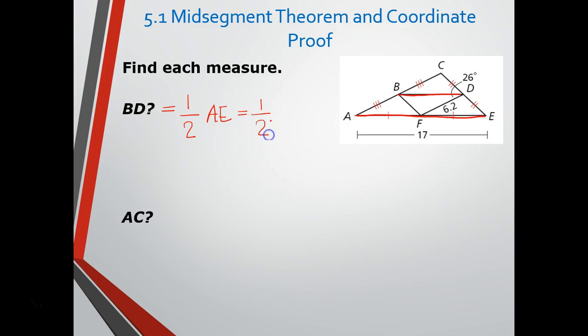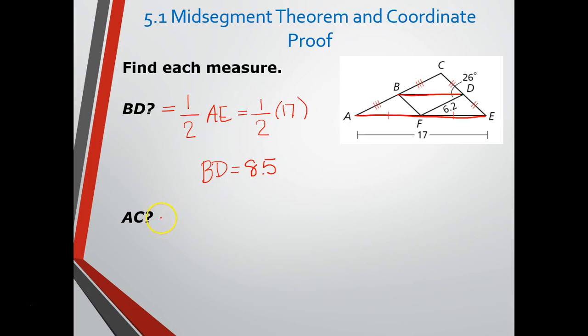So AE is equal to 17. So let's do that calculation. 1/2 times 17, BD is equal to, let's see, 8.5. And we're done. We found the length of BD.